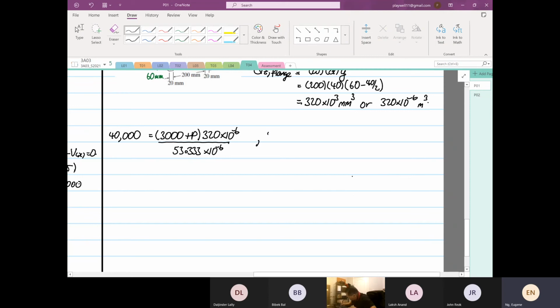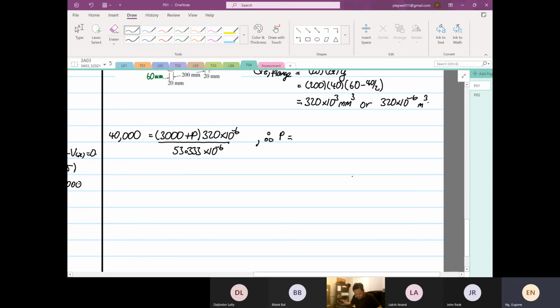So therefore, P will be equal to 40,000 times 53.333 times 10 to the power minus 6, divided by 320 times 10 to the power minus 6, minus 3,000.